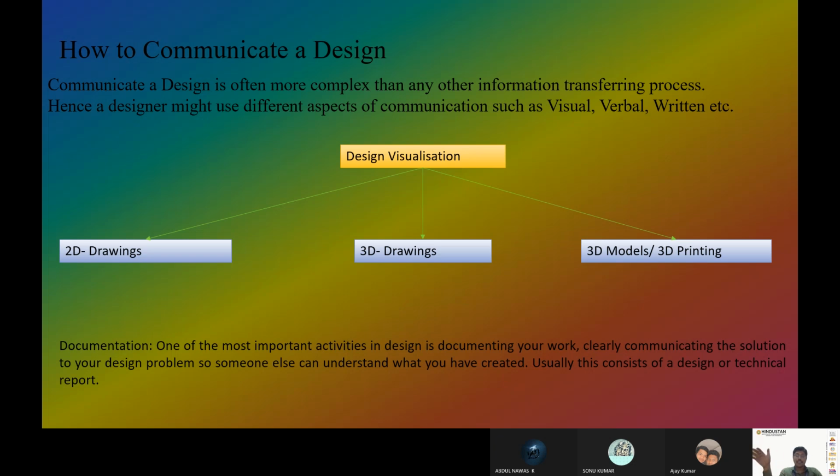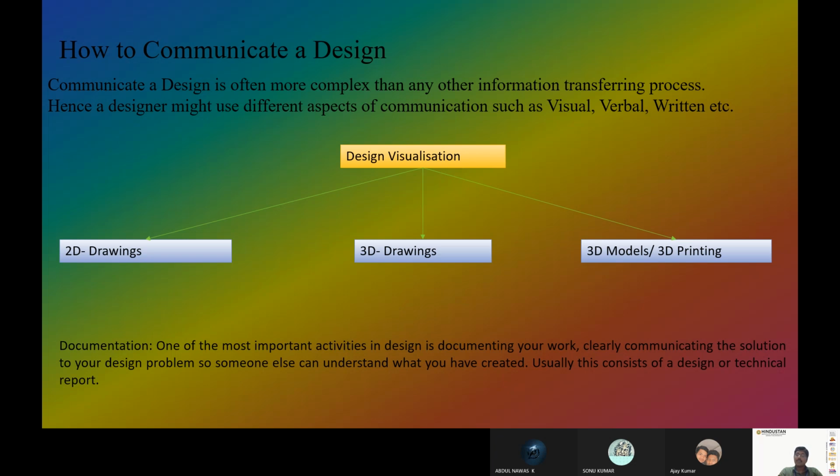Because in serial communication, some parts of the information will not reach the end users. So we always prefer parallel communication. And the next thing is about the representation.